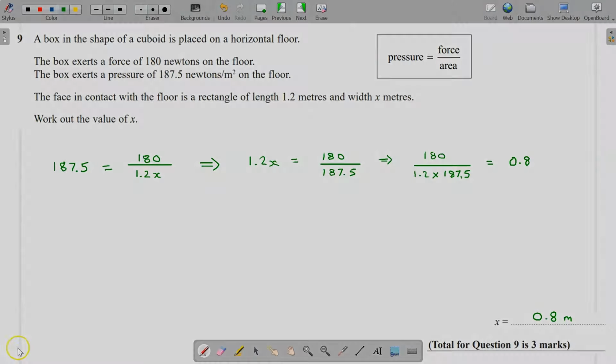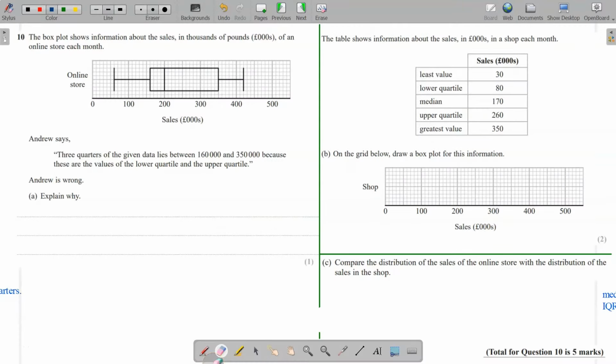This question is about box plots and distributions, and what we've got to do first is Andrew's claiming that 3/4 of the data lies between these two numbers. He's wrong, and we've got to explain why. Well, these two numbers, as it says in the question, are the lower quartile and the upper quartile.